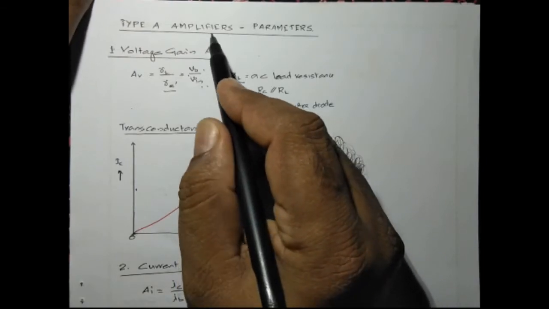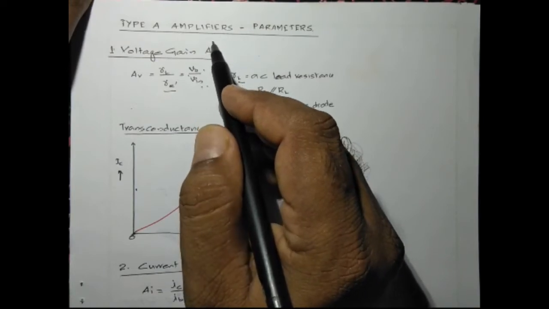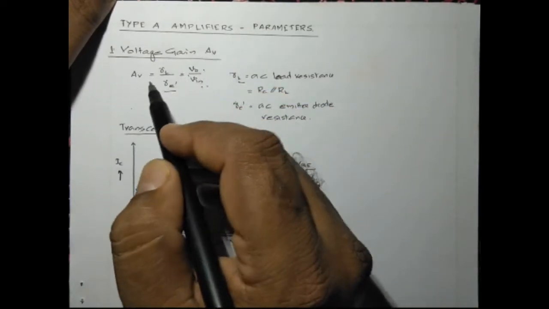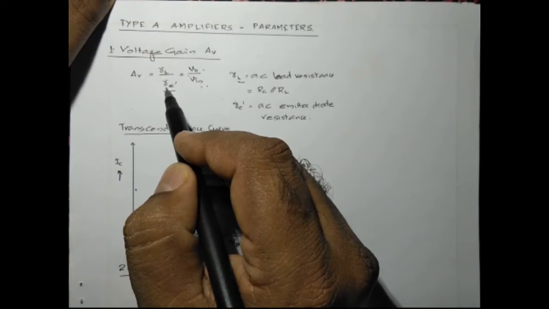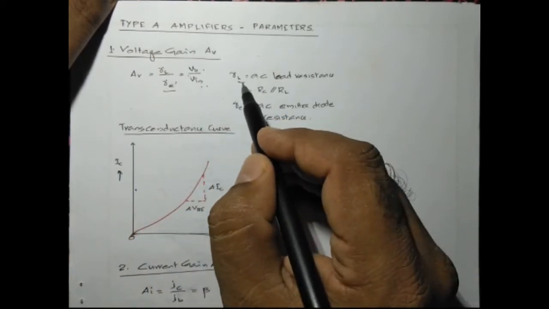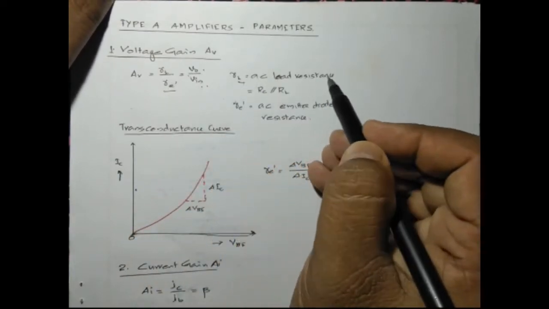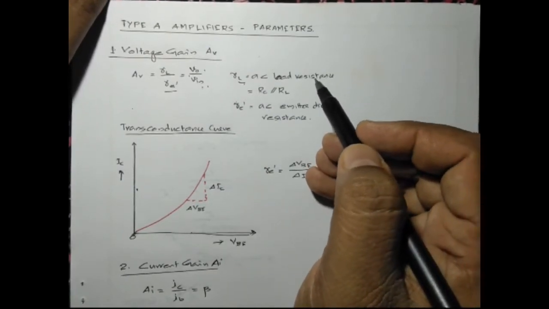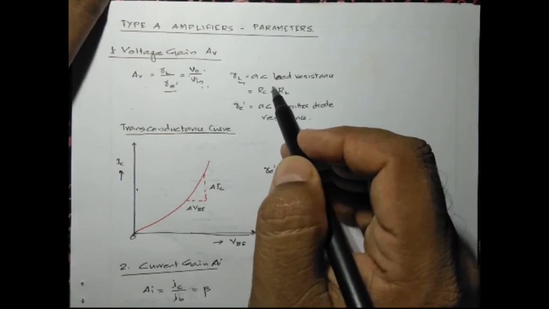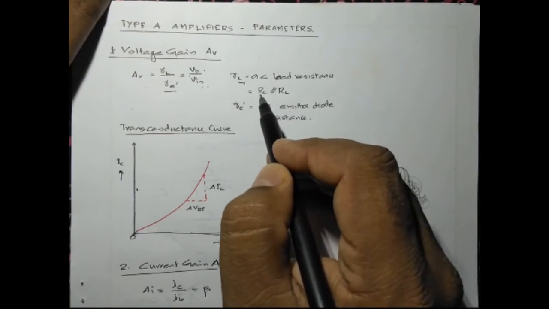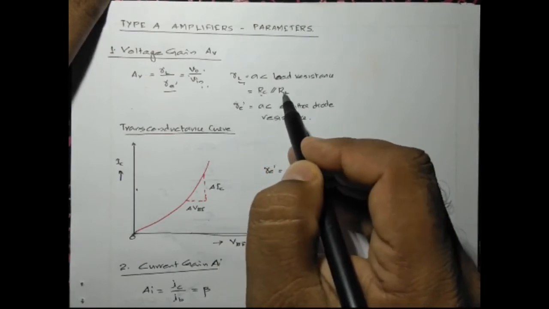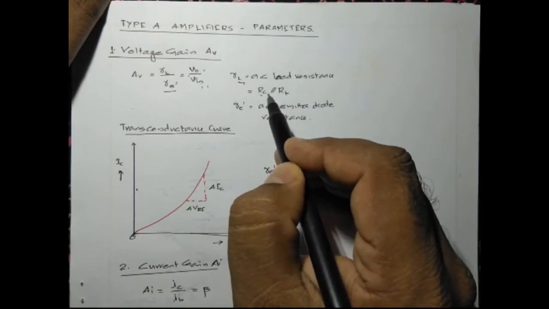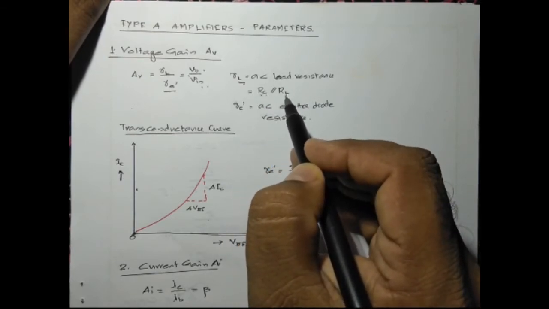And since a class A amplifier is a common emitter amplifier, the formula holds good here, which is RL by RE prime, where RL is the AC load resistance, or the resistance that is seen by the AC signal at the output. This is given by the parallel combination of RC and RL, where RC is the collector resistance and RL is the load resistance.